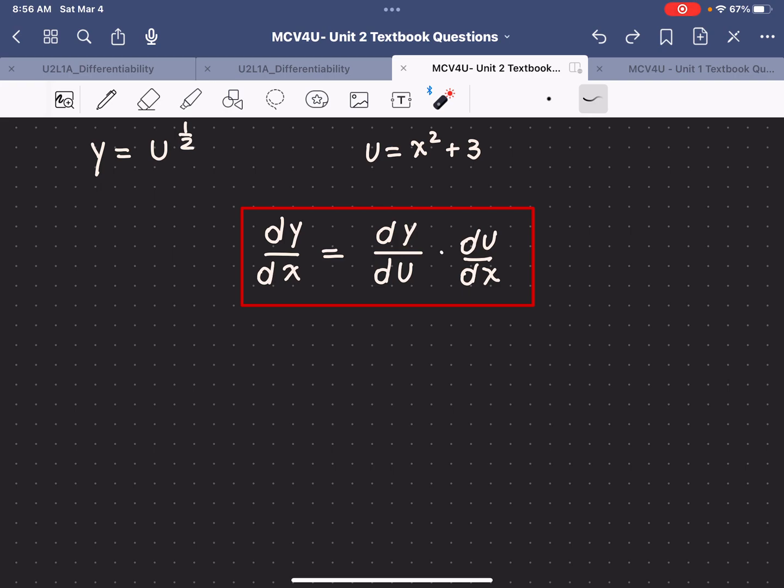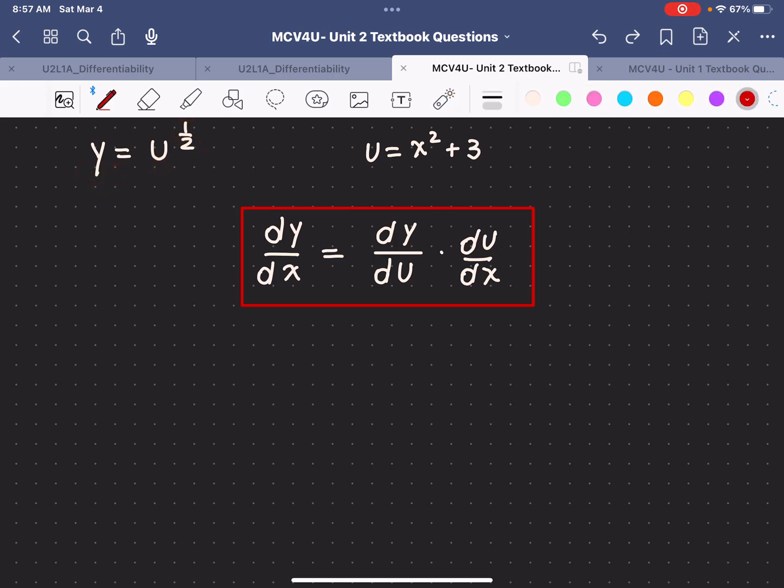And this is one of the formulas that is easily understood when being observed in a simpler setting. So here we go. If we have the function y equals u to the power 1/2, where u is a function that depends on x, it means that we have a composition of functions, where the outside is the square root function.